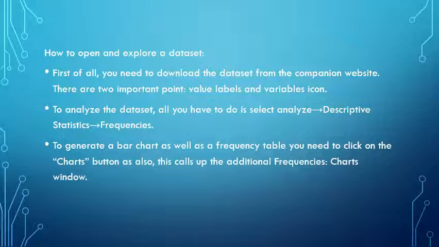And then to generate a bar chart as well as a frequency table, you need to click on the Charts button. In the additional Frequencies: Charts window, select Bar charts and then Percentages. Once done, click the Continue button. Finally, click OK in the main Frequencies window. This will produce a new output window with the results.